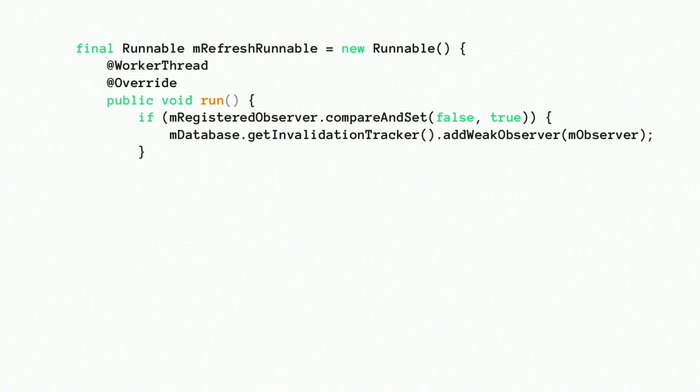And the Invalidation Tracker is the tracker that is responsible in Room. It's the implementation of Room of all these trackings, and again, hooking those RxJava observers and the LiveData into the database itself.